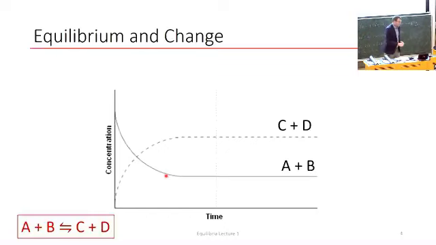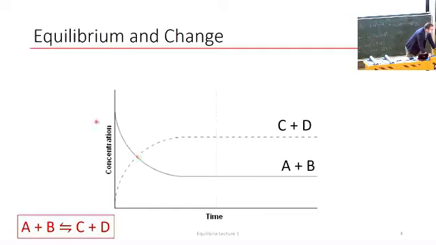As the reaction proceeds, more and more reactants are used up, and the probability of those reactants colliding reduces because there are fewer reactants. So as we have lower concentration of reactants, the probability of reactants colliding is less, and therefore the rate of reaction is slower.